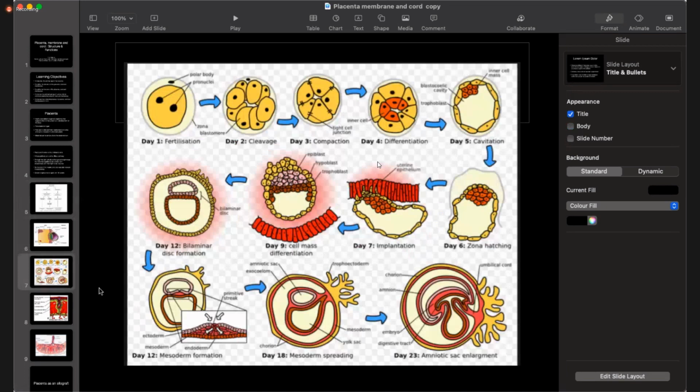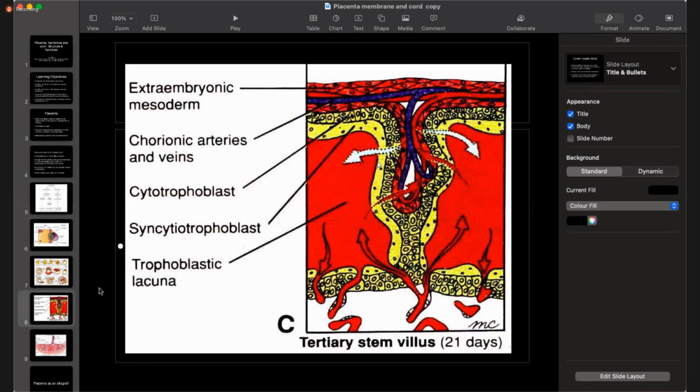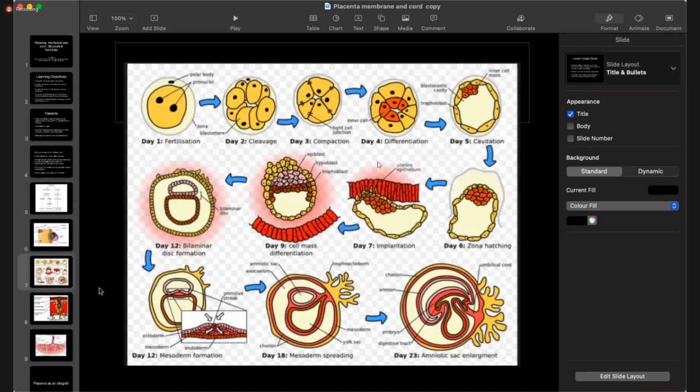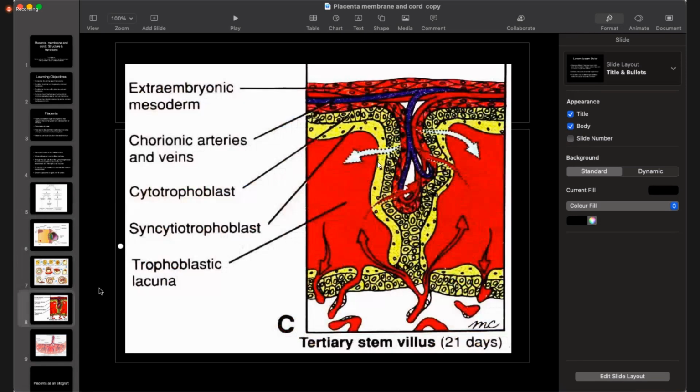Now this forms villus-like structures. Look at this picture. This is extraembryonic mesoderm, and this set of cells is called cytotrophoblastic tissue, and this is syncytiotrophoblastic tissue, and there is a connection.